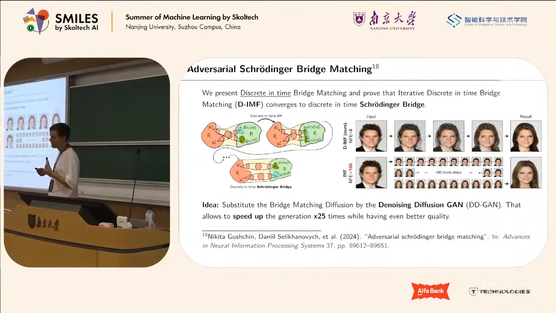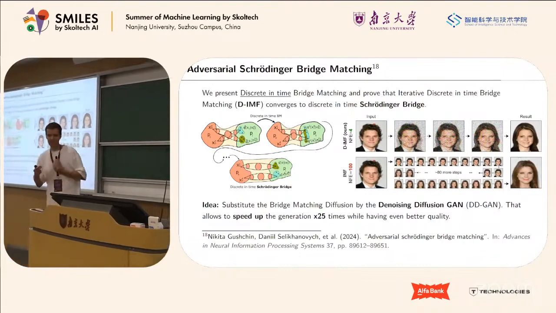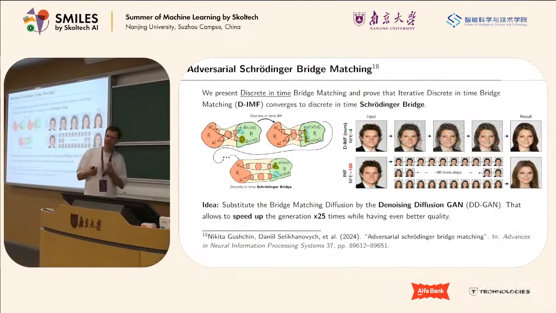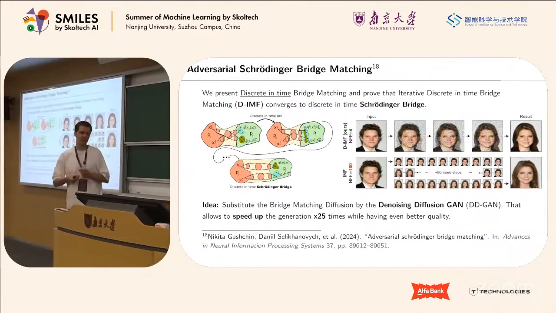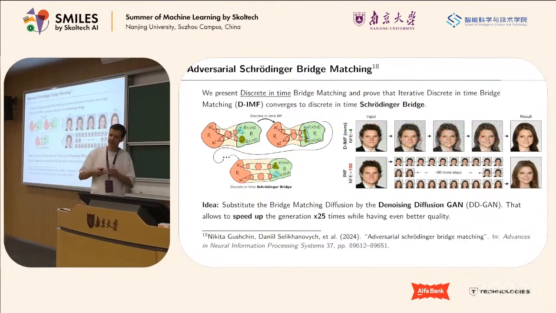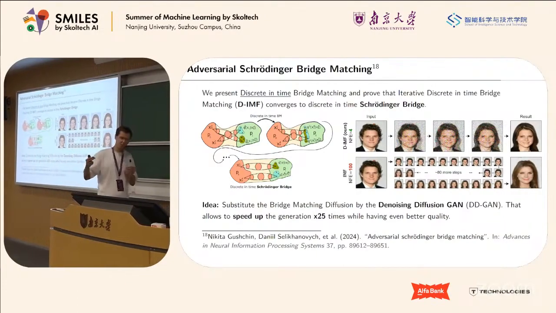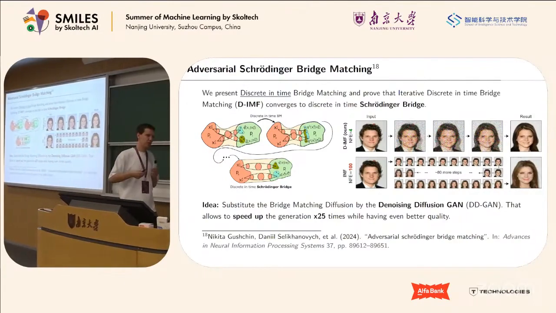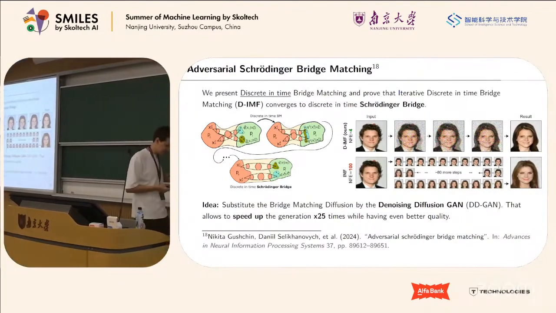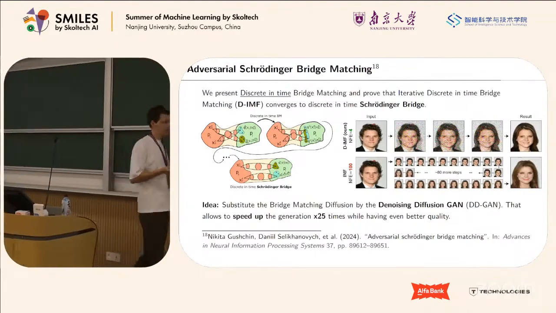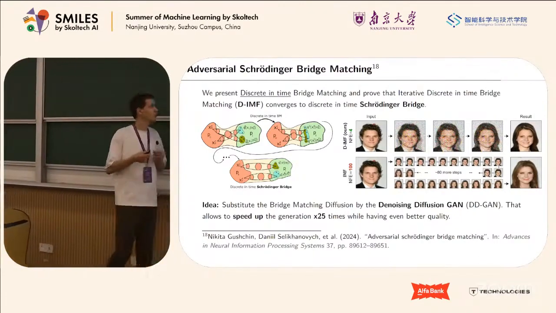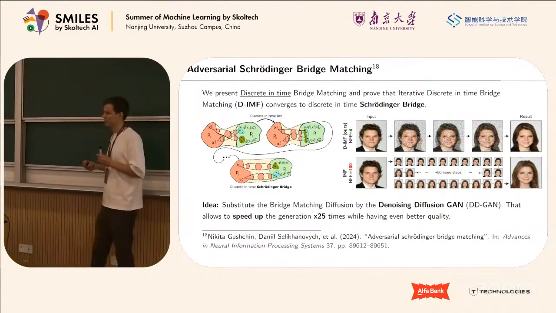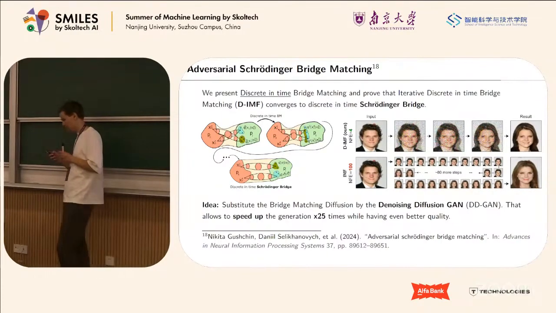This helps to build different algorithms which can do bridge matching, but with much faster inference, so the time required to generate new data. Instead of, say, 100 steps, which is usually needed to model this diffusion bridge generation process in standard models, you can do it in just several steps by considering so-called discrete procedures for diffusion bridge matching.